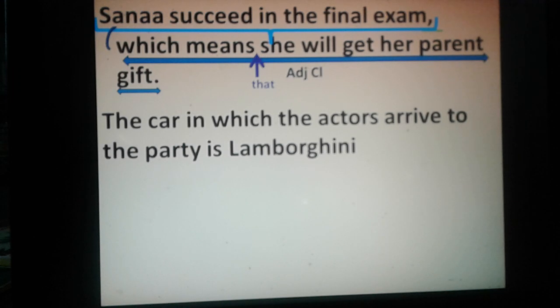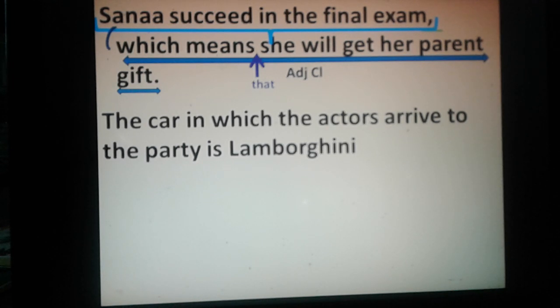Also we use whom, for example, in which, about whom, etc. We use a preposition to mention the things we are talking about, to pinpoint which or what we are talking about.